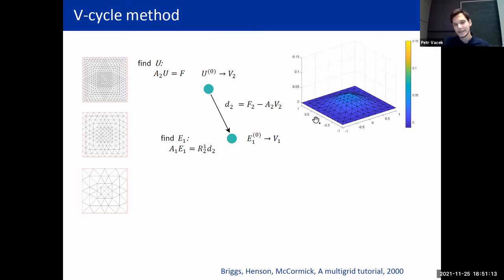After the error is smoothed, further iterations are less effective, so we again compute the residual and move to a coarser level. On the coarsest level, in classical multigrid methods, the problem is solved by a direct method that's based on LU decomposition.